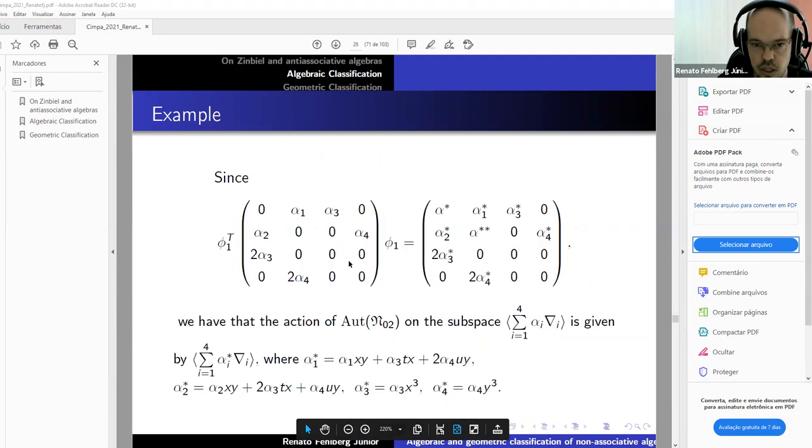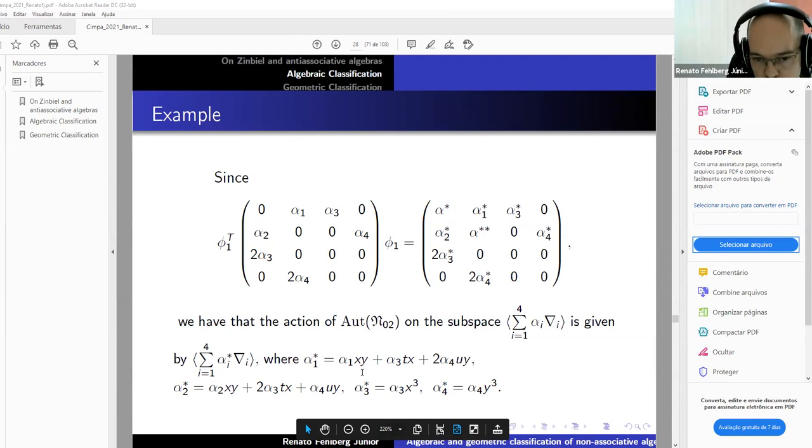And the action of this automorphism group, using, for example, the first kind of automorphism, can be written by this equality, and computing these elements we will obtain them here.